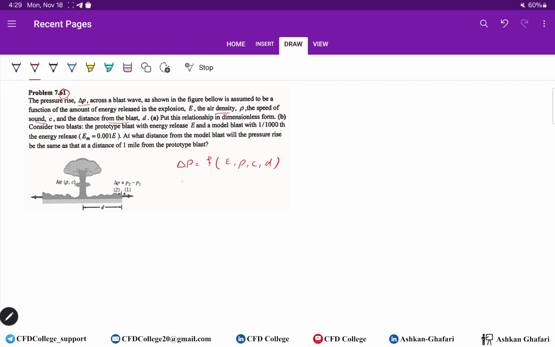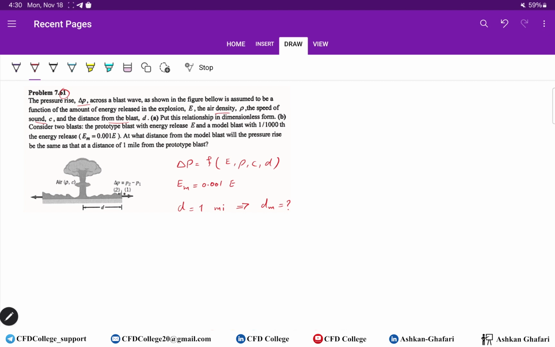So we know Em equals 0.001 E. At what distance from the model blast will the pressure rise be the same as that at a distance of 1 mile from the prototype blast? So actually we have D, which is 1 mile, and we have to find Dm.